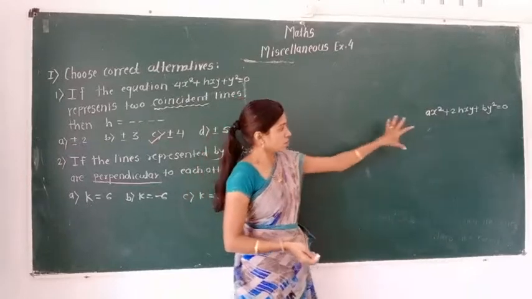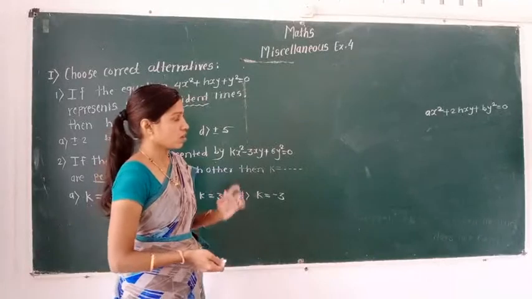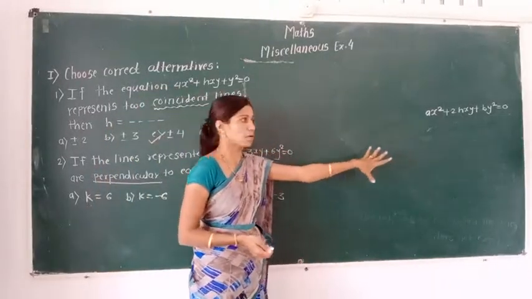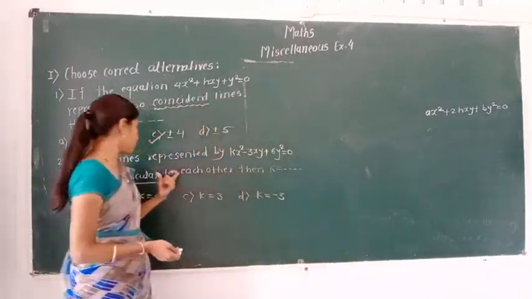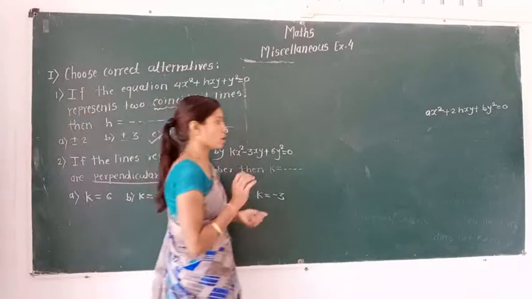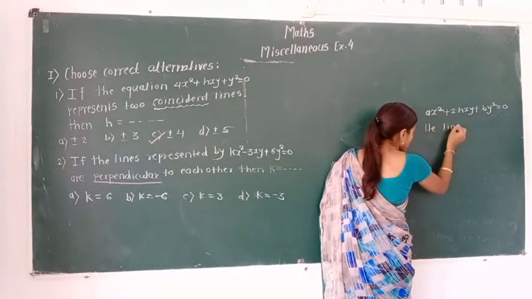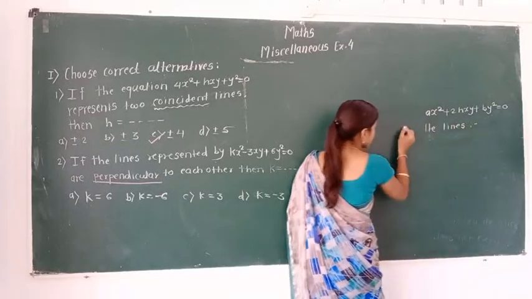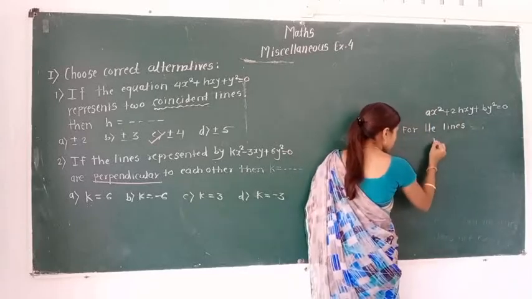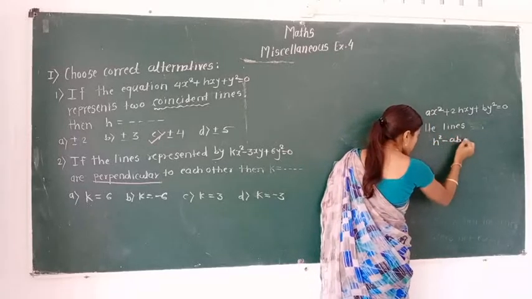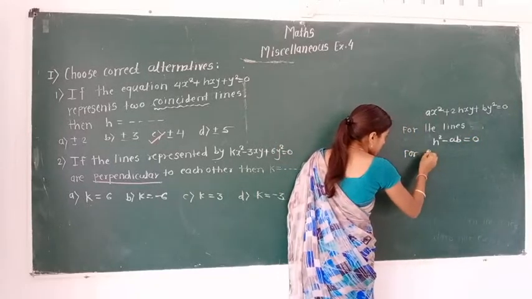This equation represents two lines passing through the origin, and it is their combined equation. But we have to give the two lines as perpendicular, and we know the condition of parallel lines. For parallel lines, the condition is h square minus ab is equal to 0, and the second condition is for perpendicular lines.